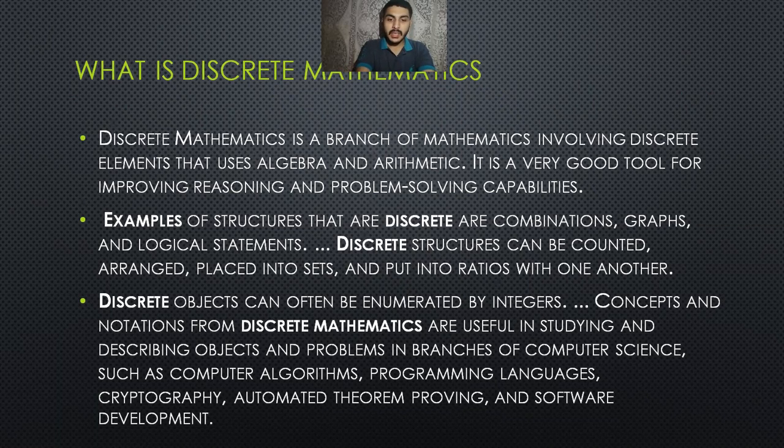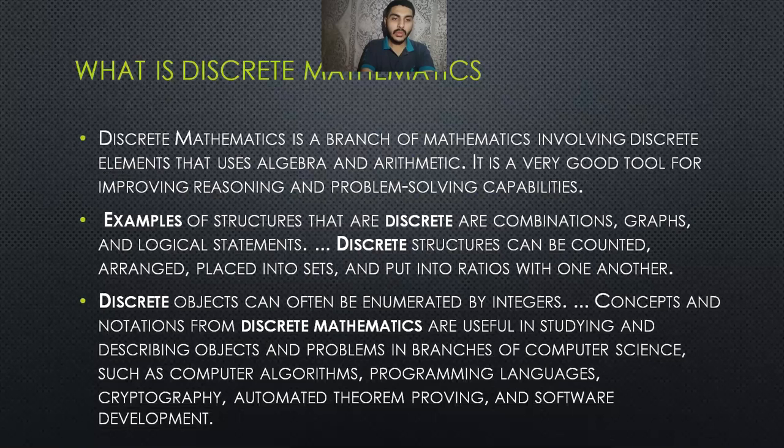We study it because it is used in advanced software languages. The main reason for studying discrete mathematics in computer science is this. So let's have a look at some definitions for understanding better.